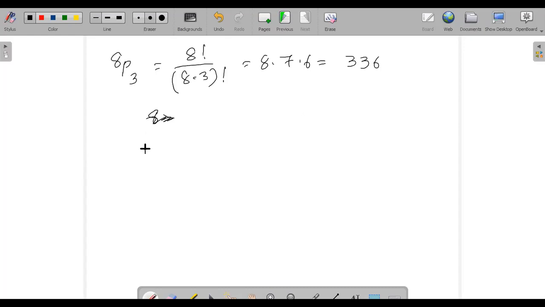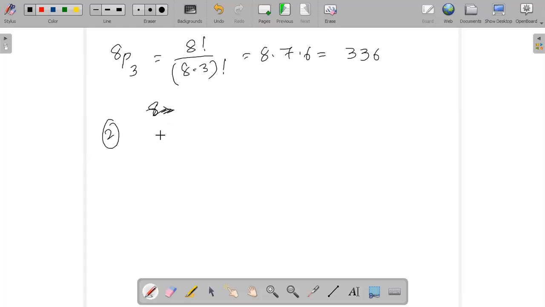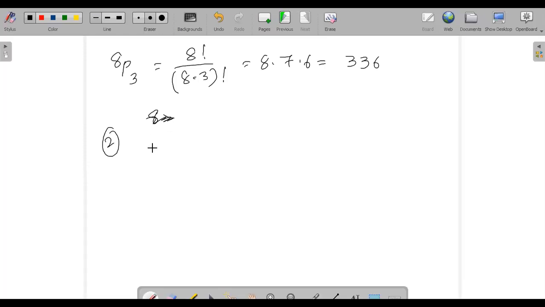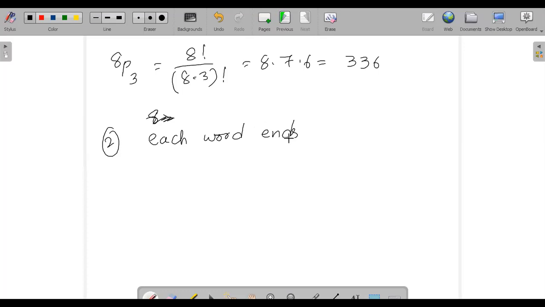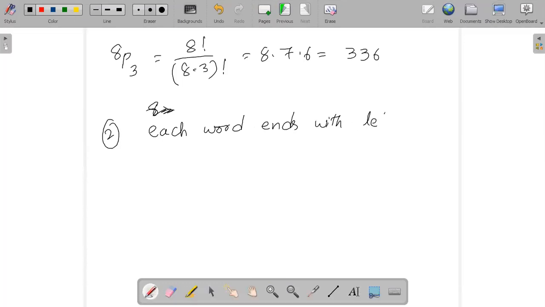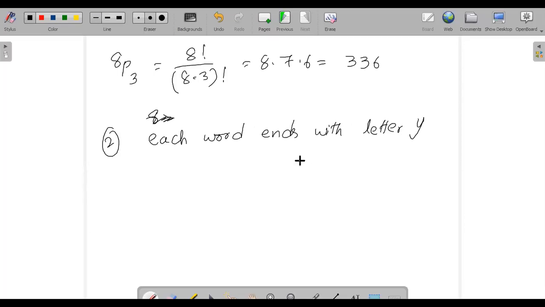Now, further, let us see another such condition. Again 4 and 9. Now, each word ends with the letter Y. Can you tell me what happens with this?